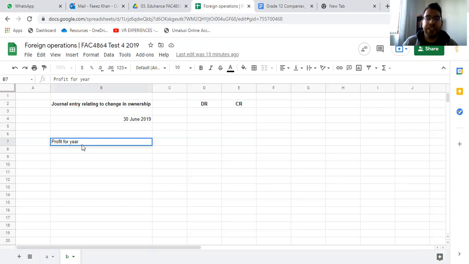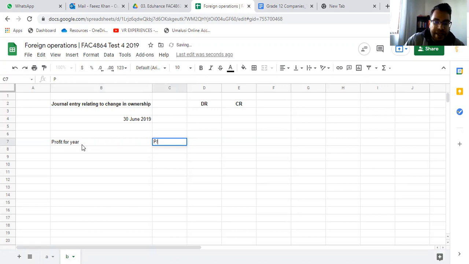So we just assume there's an account called profit for the year, and profit for the year is a P&L account, and we take in the amount we calculated, which is the 2133. So this is obviously from the analysis of equity during the period 1 April to 30th June 2019. So we're bringing on 100% of the subsidiary's profit or loss.